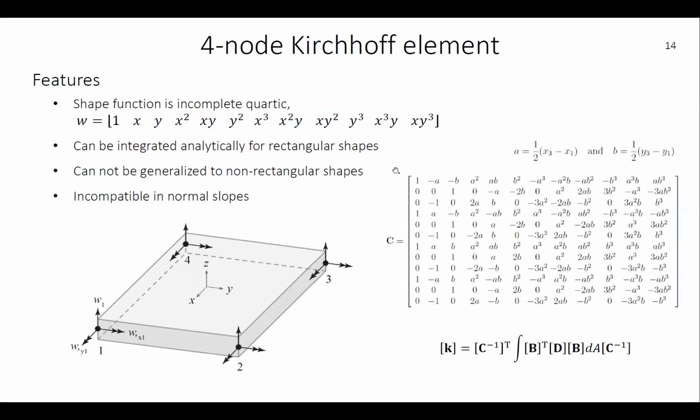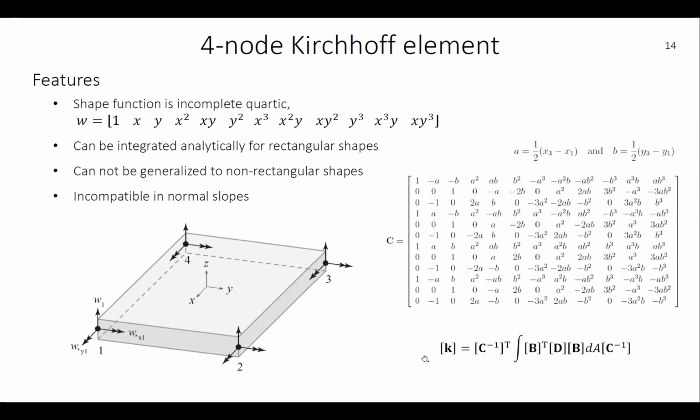This particular element has some deficiencies: it can only be integrated analytically for rectangular shapes, and it cannot really be generalized to non-rectangular shapes. Also, it has a problem of being incompatible in normal slopes, meaning that the derivative of the displacement may not be compatible over element edges. So this causes some numerical problems, but for smaller element sizes, this effect will normally reduce.